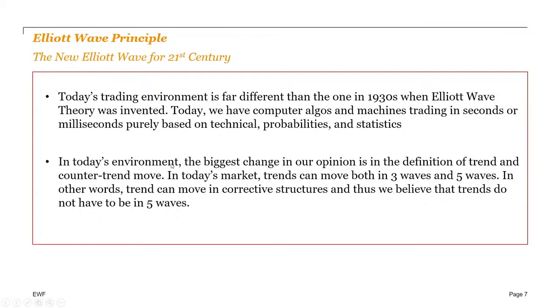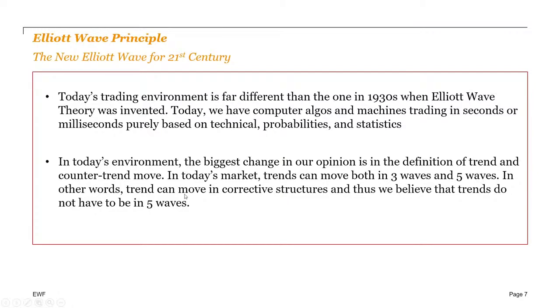Now, in today's environment, based on our observation, the biggest change, in our opinion, is in the definition of trend and counter trend move. So this is something where we do make several changes to Elliott Wave. We make it better, but this is one of the biggest differences that we have at ElliottWave-Forecast.com. We observe in today's market, trends can move both in 3 waves and 5 waves.